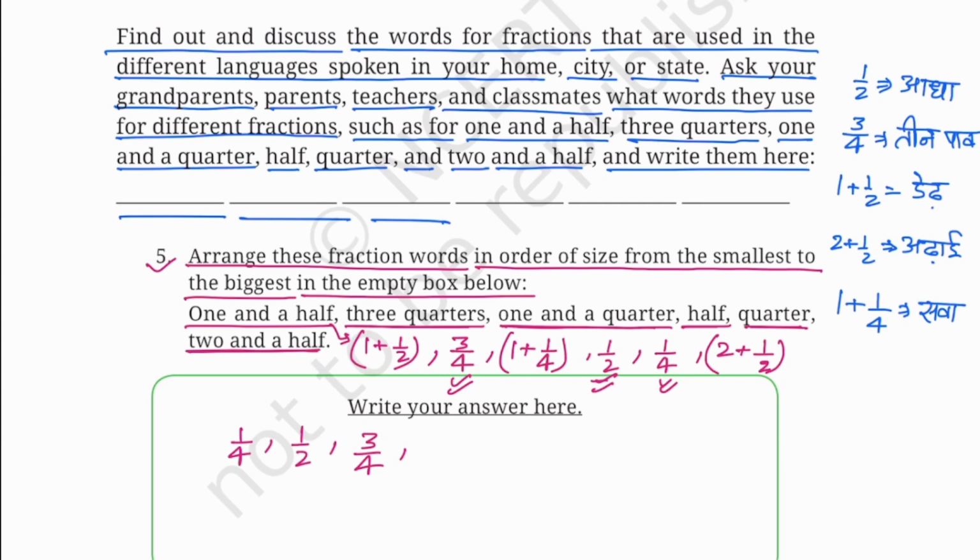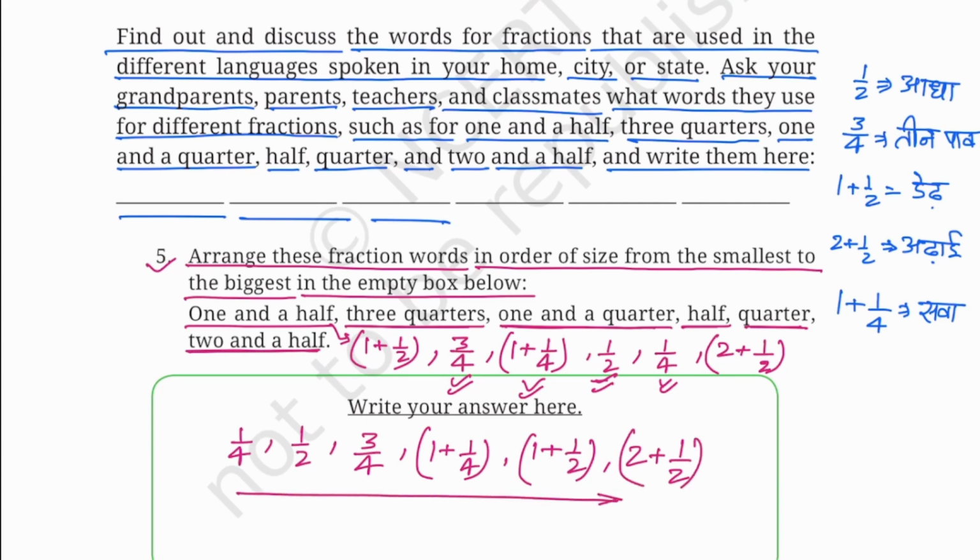Then 1 and 1 by 4, that is 1 and a quarter. Then 1 and half. Then 2 and half. Here the fractions have been arranged from the smallest to the biggest one.